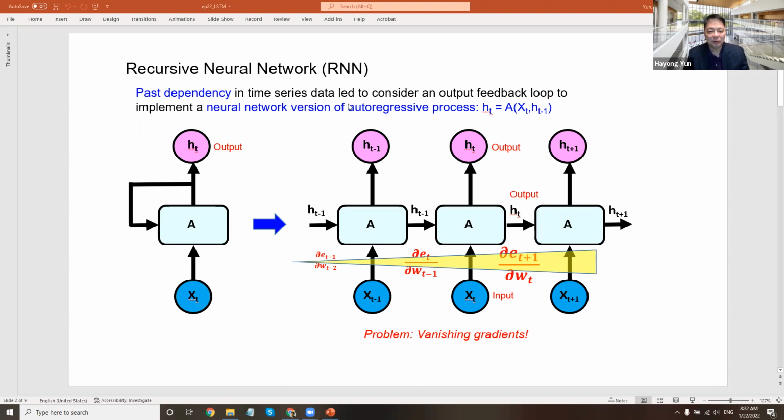That led people to consider an output feedback, meaning the past output, and incorporate it into the loop. And in the usual time series analysis, we have the AR(1) process, the autoregressive process.